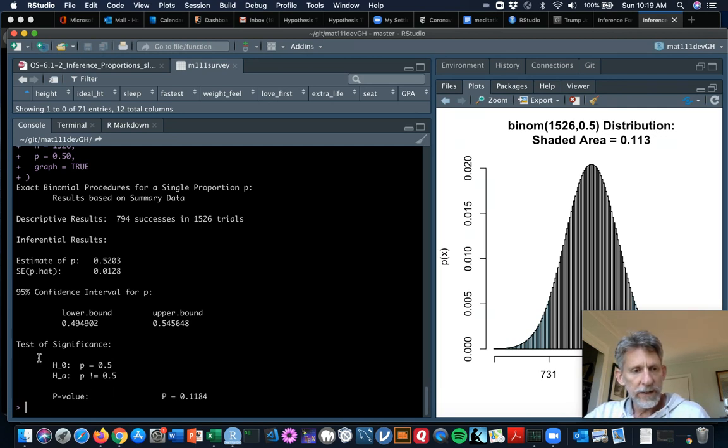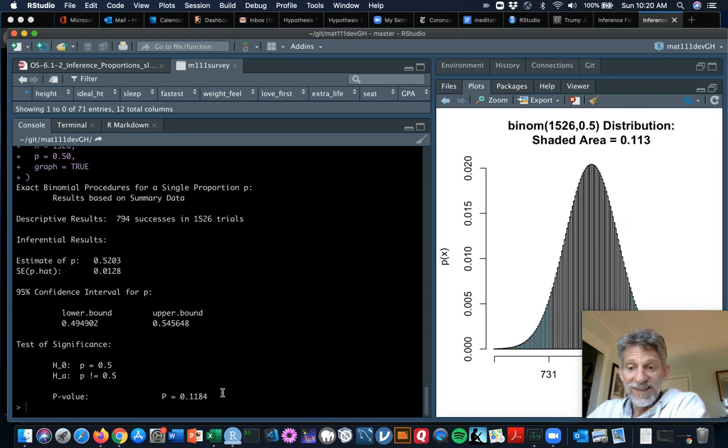And let's see if we can get the same thing from the test of significance, test of hypothesis. Well, the p-value is 11.84%. So if exactly half the population favors impeaching Trump, there's about a 12% chance of getting results as far away from 50% as what we got.